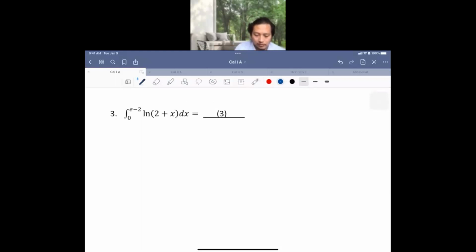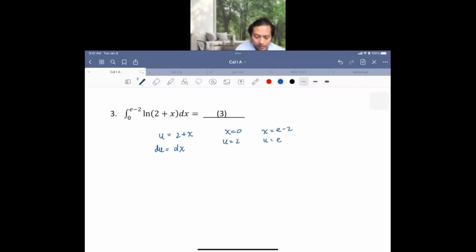What we need is we just take the substitution first. So when you use substitution with u equals 2 plus x, then when x is 0, we have u is 2. When x is e minus 2, u will be e.